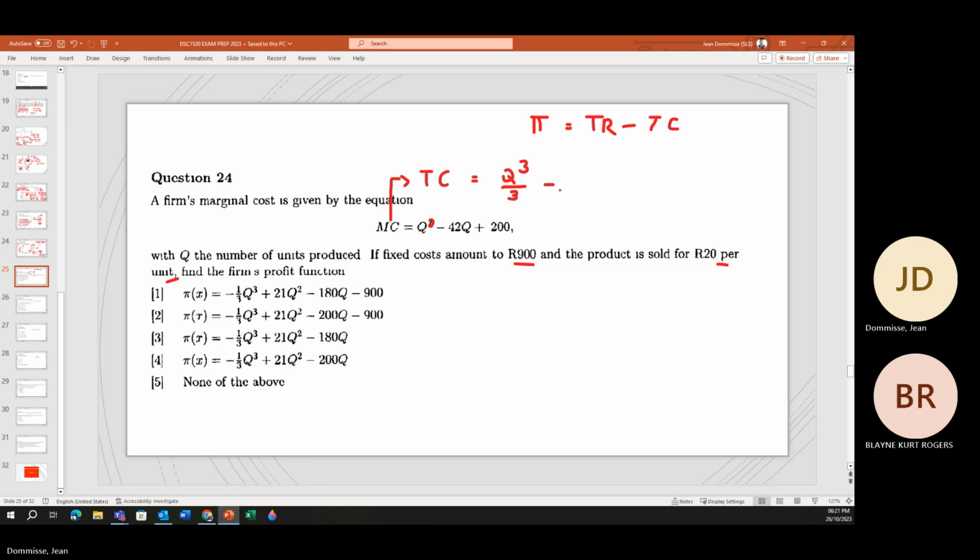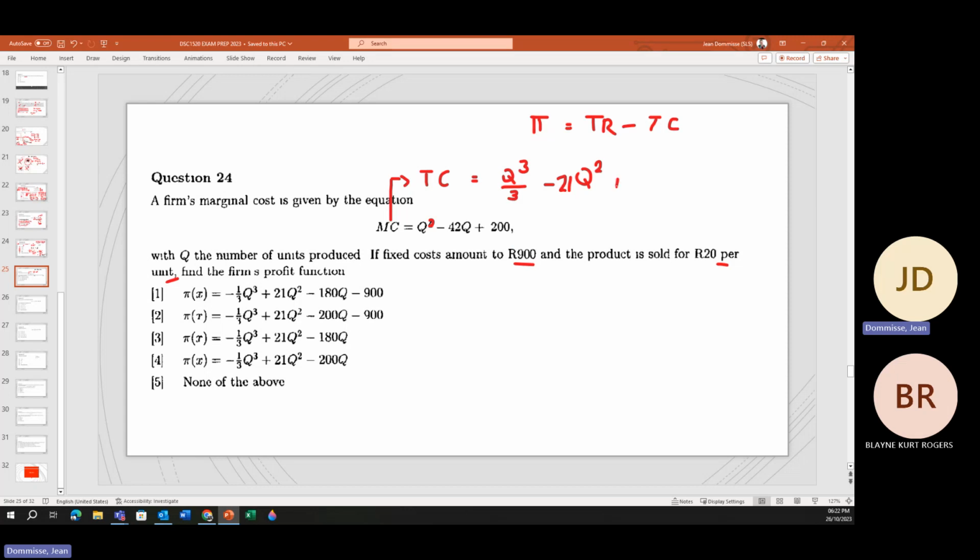Then minus, let's just put it x², and then we will divide by 2, so it will be 42 divided by 2, so it will be 21. You can already see some of that in there.